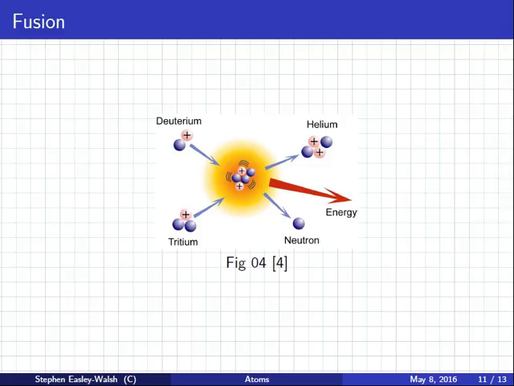So you control the process. If something went wrong, all that would happen is the hydrogen 2 and the hydrogen 3 wouldn't make helium. The worst thing that happens is the hydrogen just releases. But that's okay. It's just hydrogen.